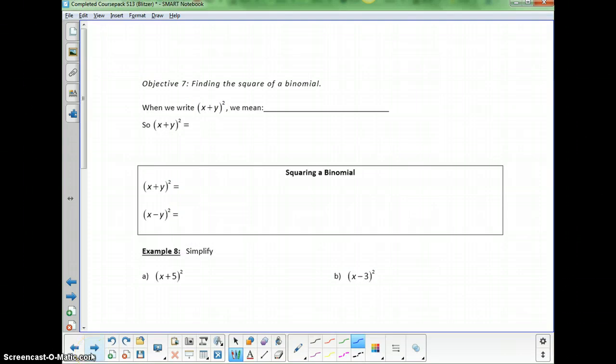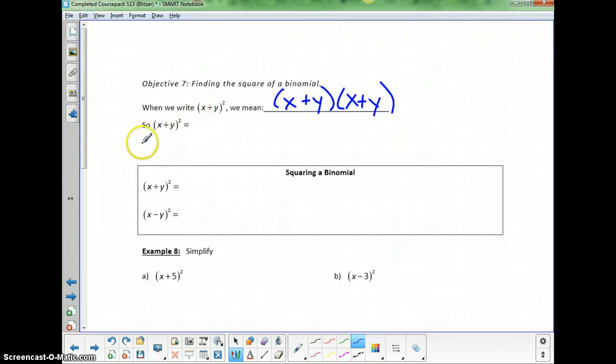Okay. On the next page, looking at squaring a binomial, when I write x plus y squared, we mean x plus y times x plus y. Squaring anything means to multiply it by itself.